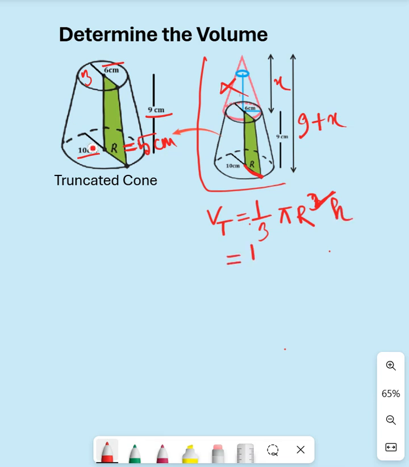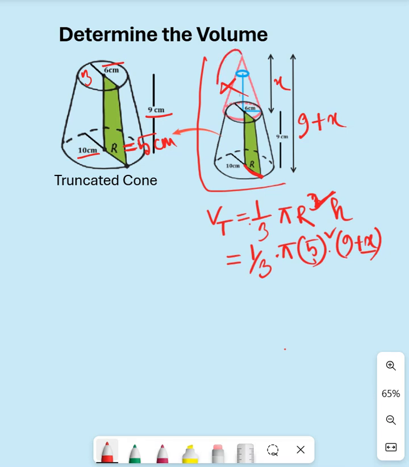So plug in the values: 1 over 3 pi, r is 5 squared, and h is 9 plus x. So the main thing is we have to find the value of x.